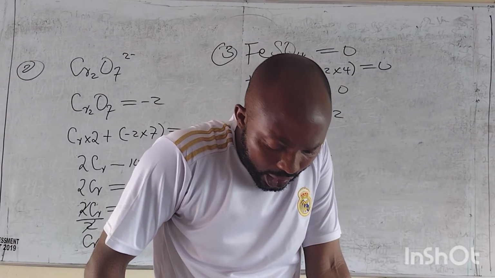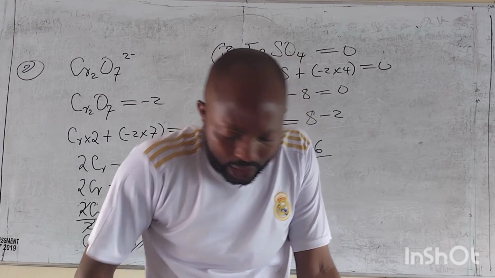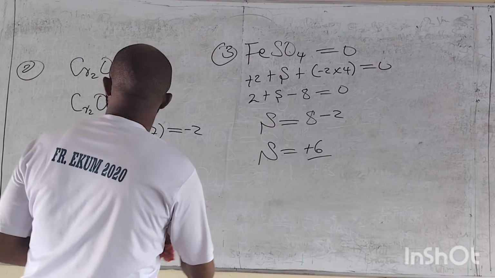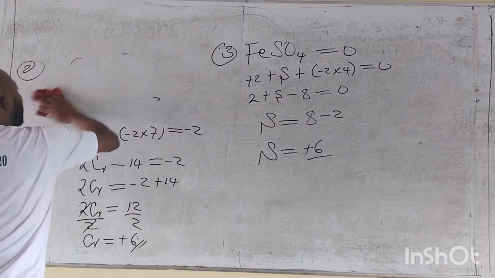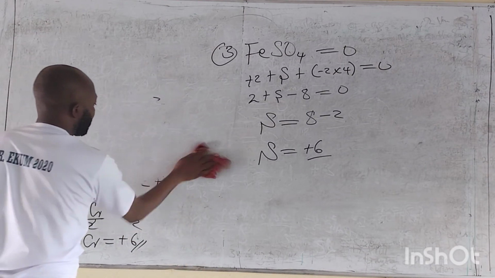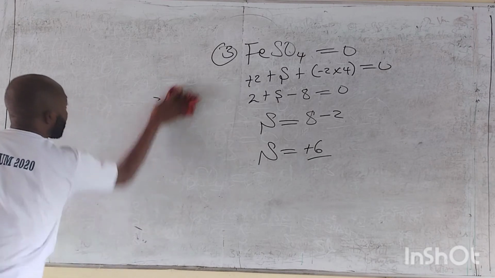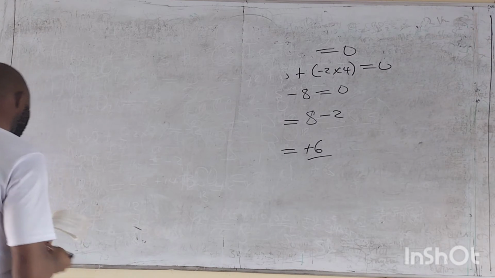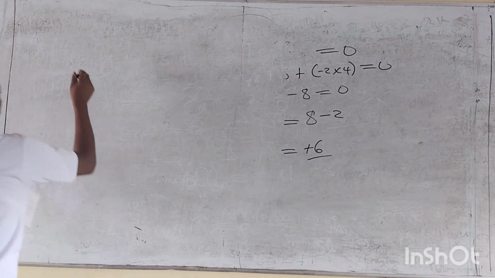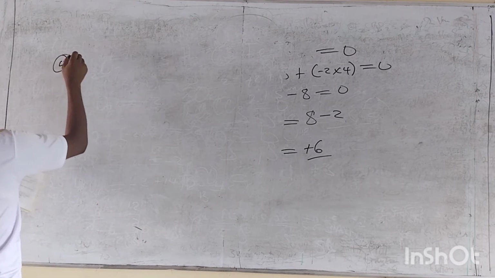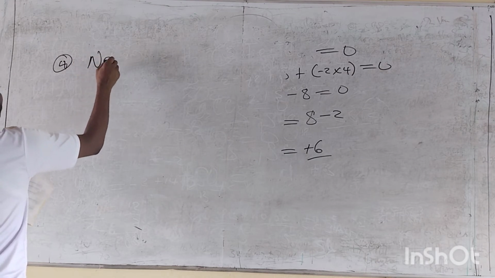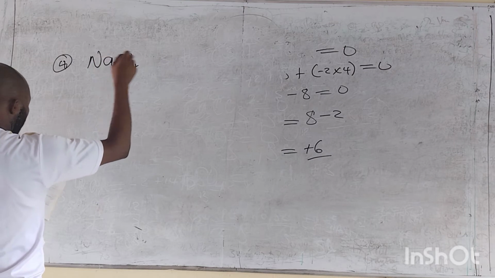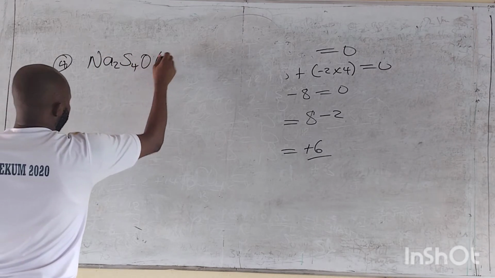Now let's take another compound. Let me give you 4. I have Na2S4O6.